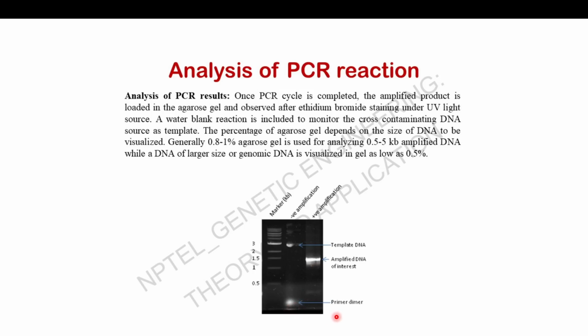Primers are usually 15 to 20 nucleotides long, so these run much faster because of their very low size. In case these are formed, they can run at such lower regions, or sometimes go out of the gel also, which means we can't really detect them. But if primer dimers are formed and we still see the amplification of our DNA of interest, that shows the PCR reaction has worked fine.